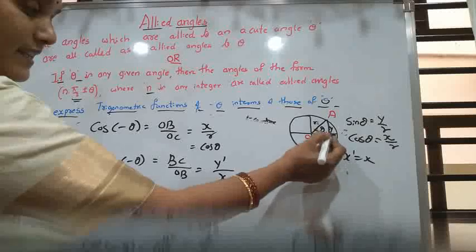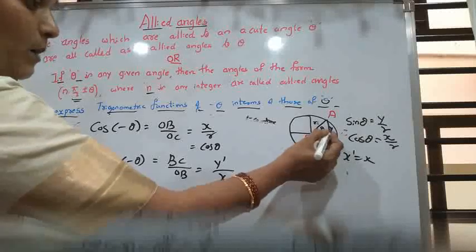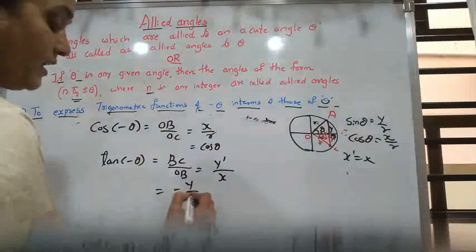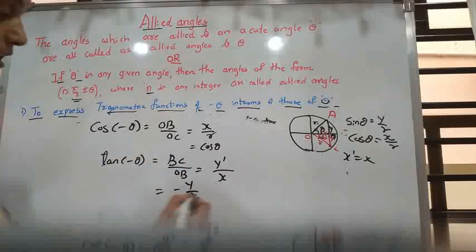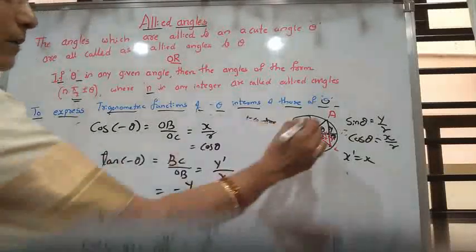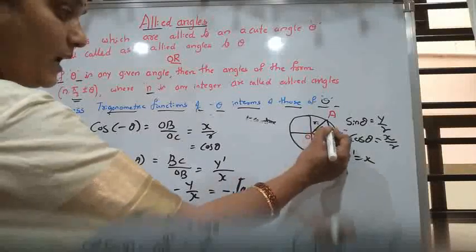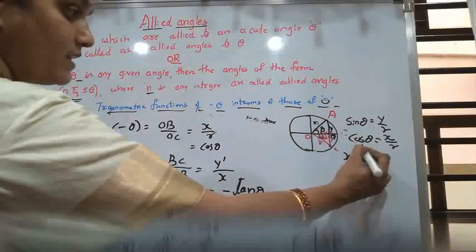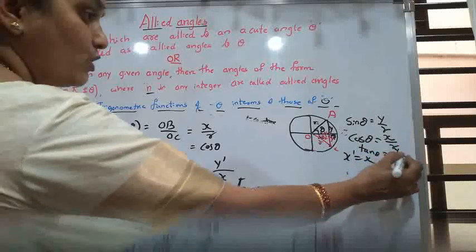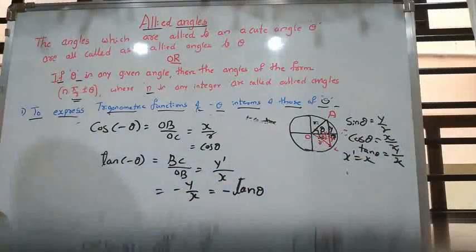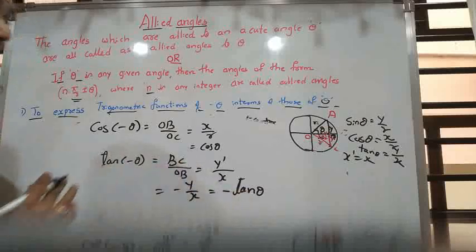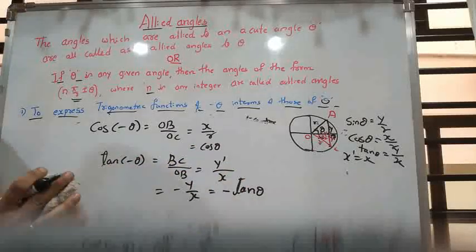This y dash is the same in length as y, but with a negative sign, so I can write minus y by x. Minus y by x is the ratio for tan theta. If this is theta, it is opposite side divided by adjacent side. Thus, tan of minus theta is minus tan theta.